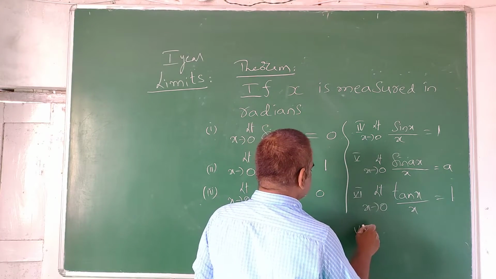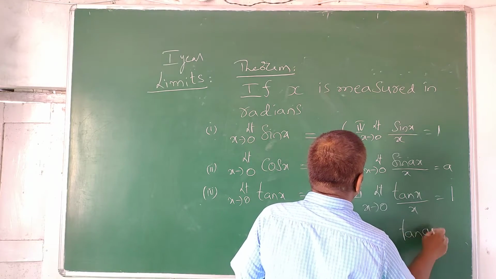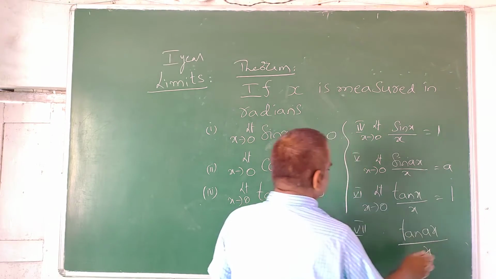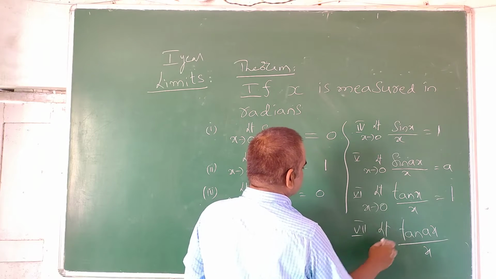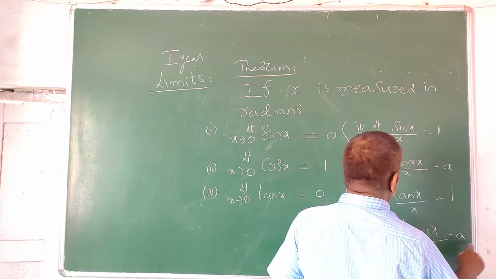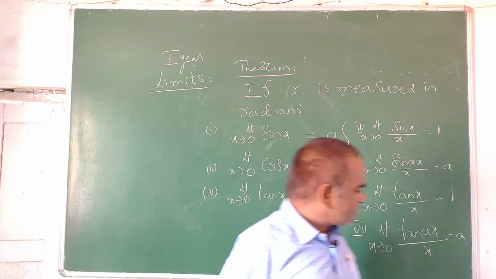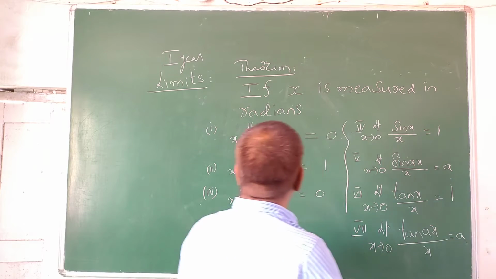Seventh one, limit x tends to 0 of tan ax by x is equal to a. Are you following? Please note all these results.